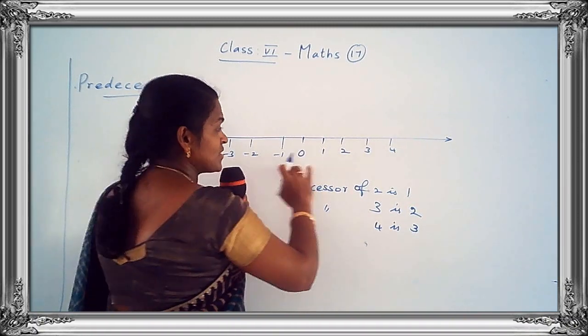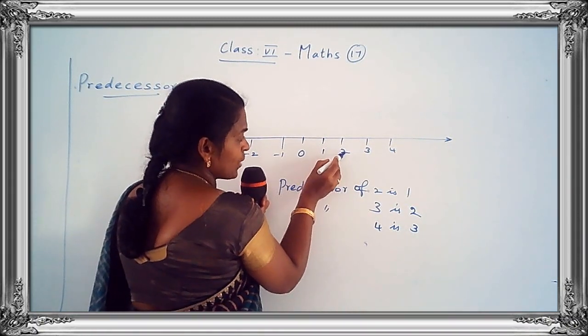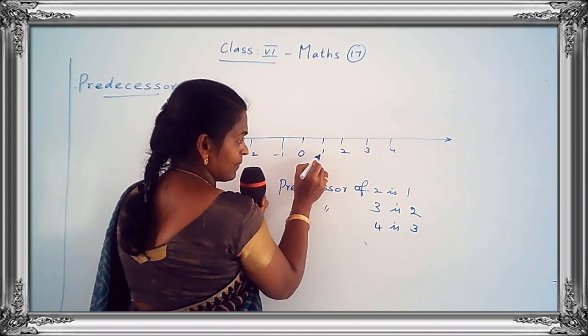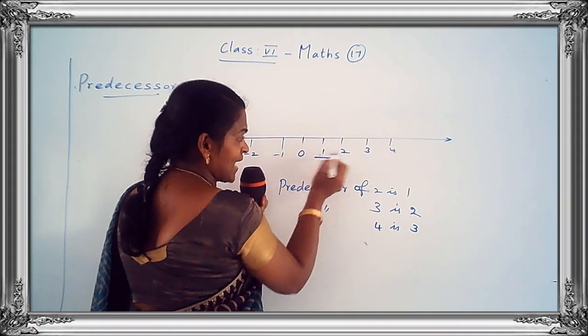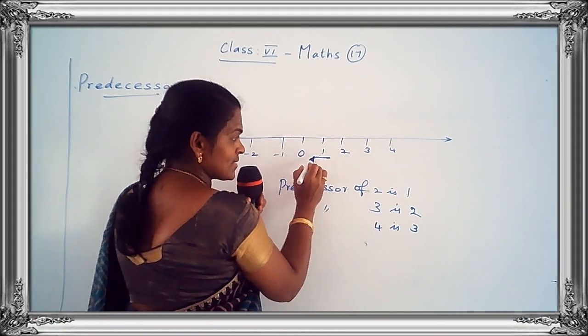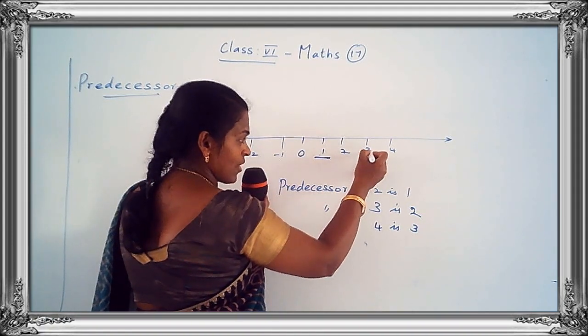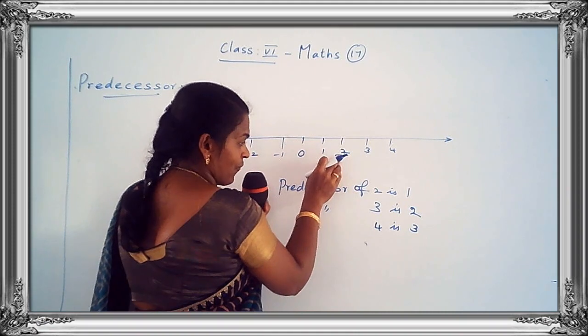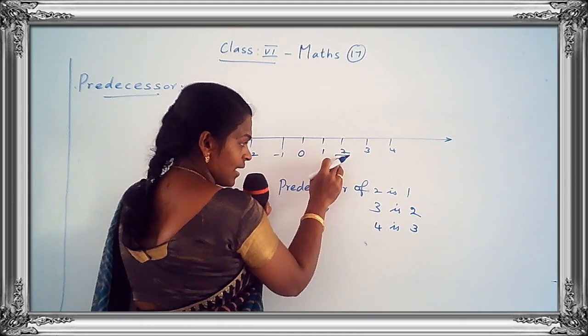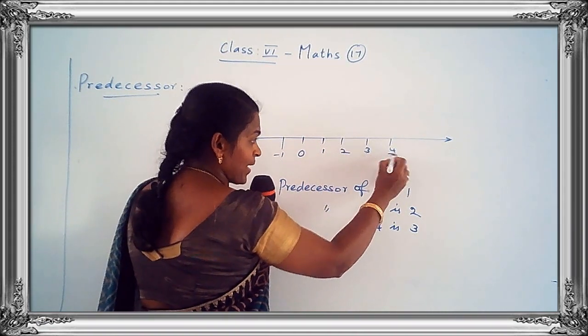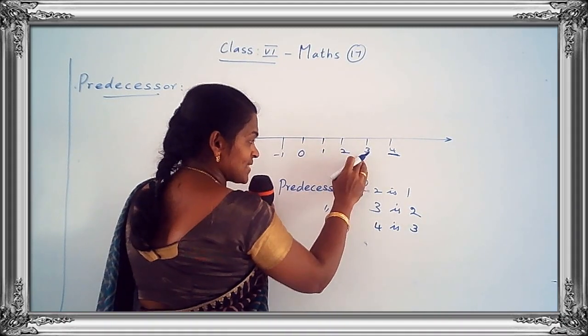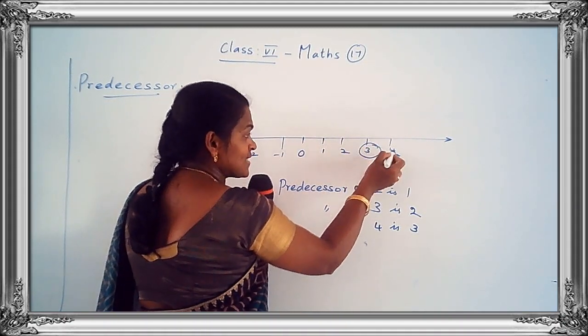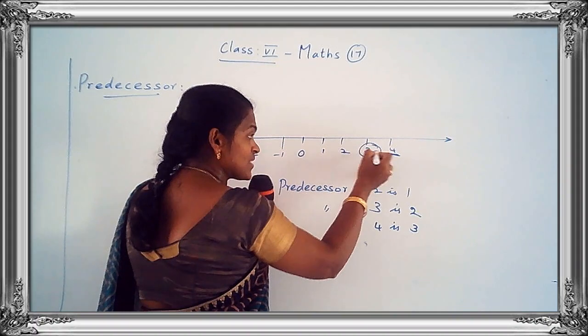Okay children, now you see in every number, the predecessor of 2 is 1, so your answer is on the left hand side. Predecessor of 3 is 2, and 2 lies on the left side of 3. Next, predecessor of 4: your answer is 3, which lies on the left side of 4.